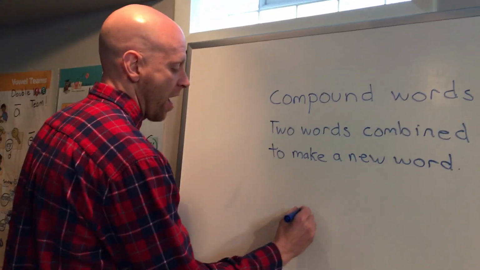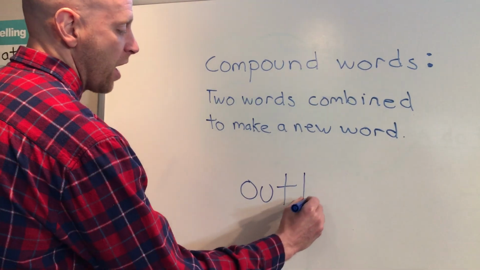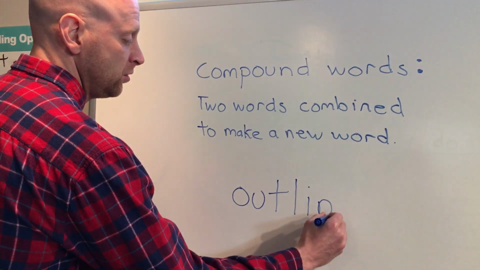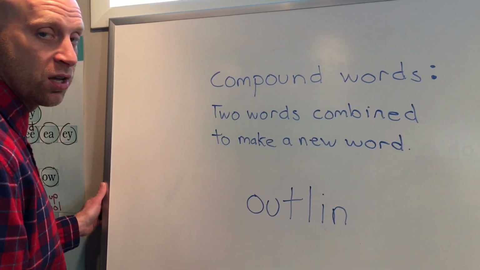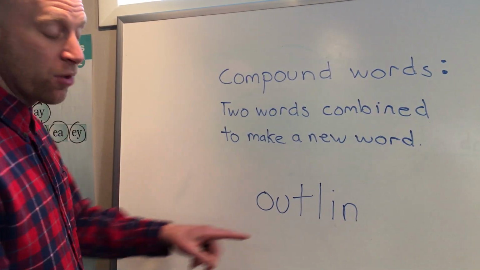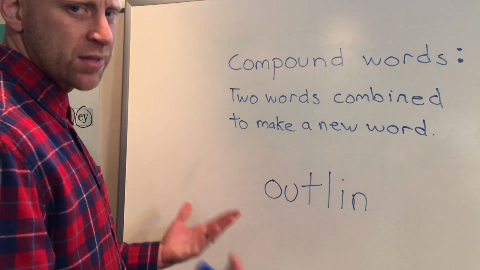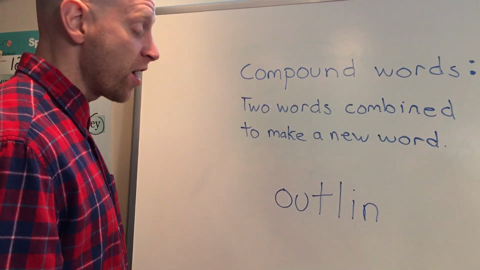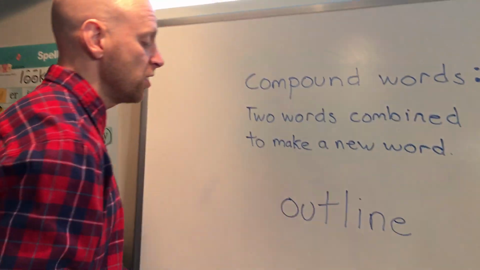We have that ow, O-U, L-I-N-E. I hear that long I. I see that consonant. I know that that I, if there was only a consonant, would really make a short vowel sound. Something is helping that I make a long vowel sound. You're right. It is that silent E.